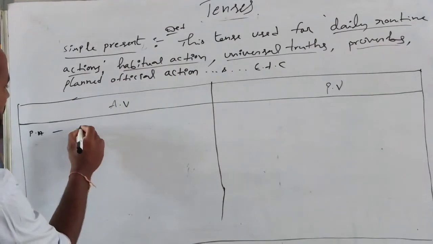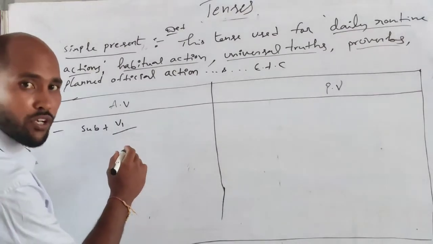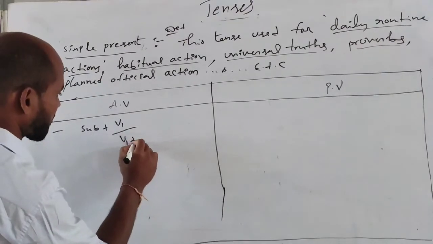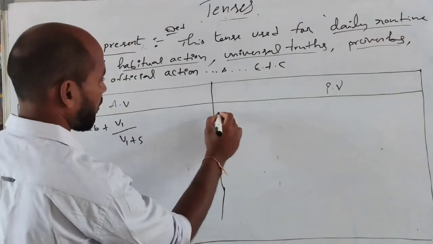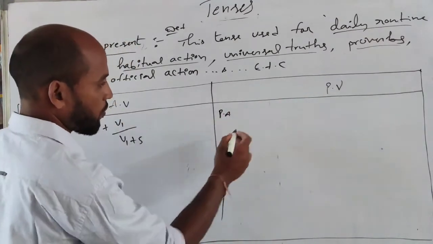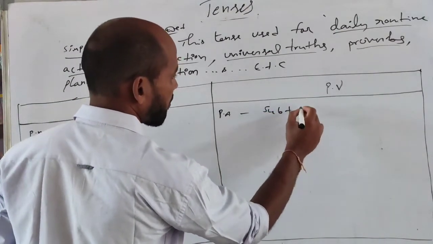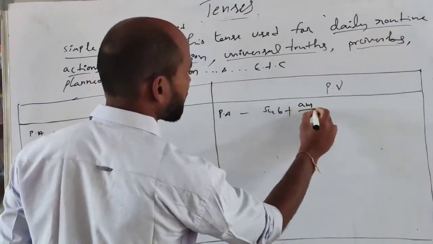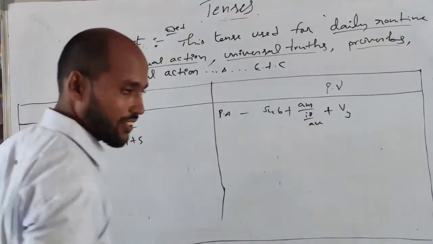Active voice structures. You know very well. Let's see the positive assertive. First, subject plus V1 or V1 plus s. And passive voice structure, positive assertive: subject plus am, is, are plus V3.